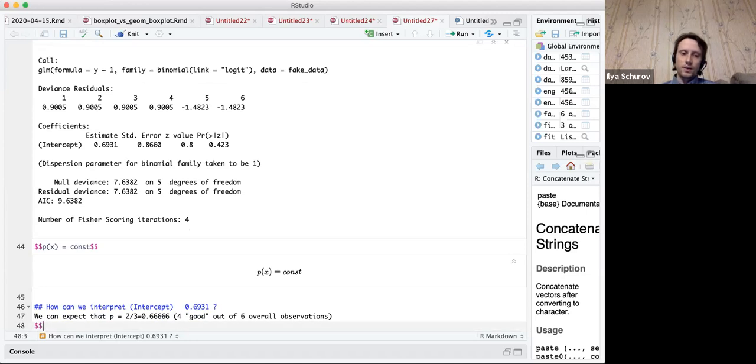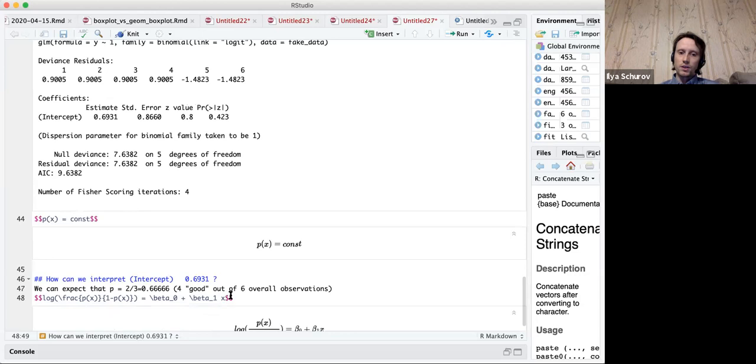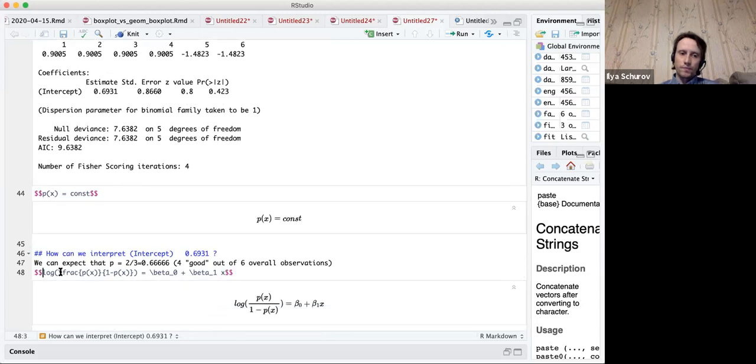So we can return to our model, and our model says that logarithm of P of X over 1 minus P of X equals to something. This is the model that we discussed at the lecture, right? And now we have a little bit changed model.